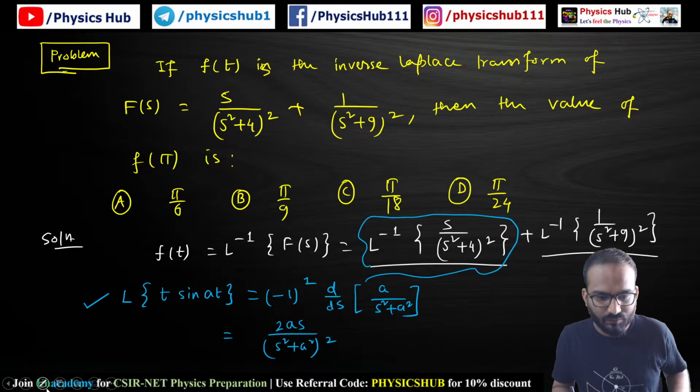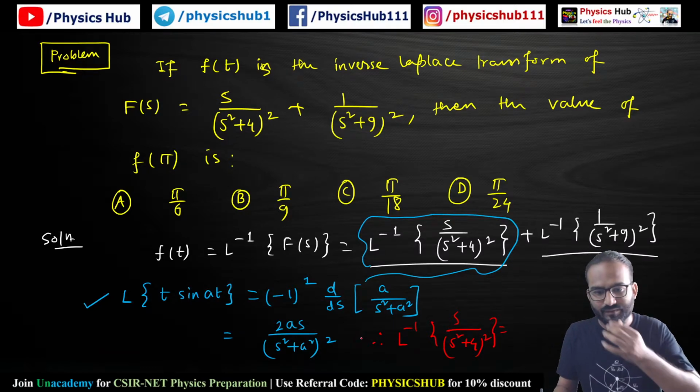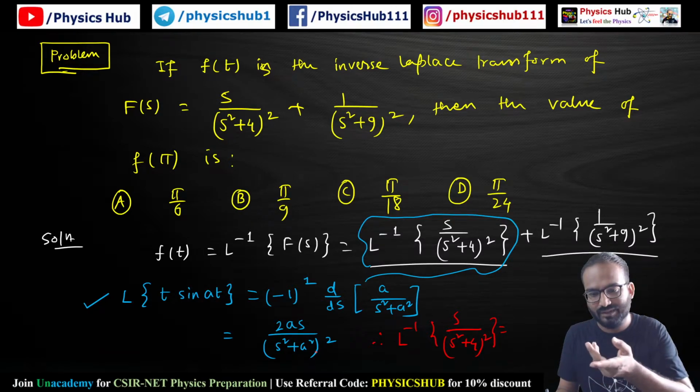From here you can write the Laplace inverse of s by (s square plus 4) whole square. You can see this is s by (s square plus a square) whole square, with a equal to 2.